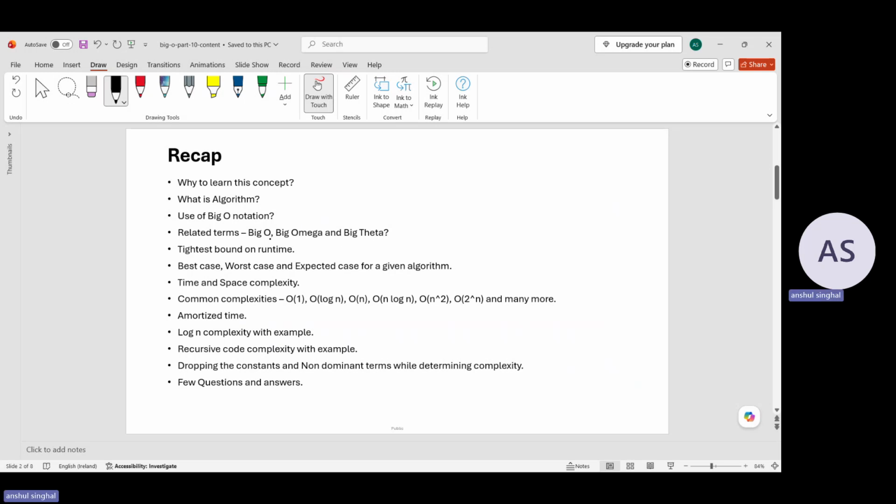Big O describes the upper bound on the runtime. Likewise, big omega describes the lower bound on the runtime. And big theta is when big O and big omega are the same, so it is the tight bound on the runtime.